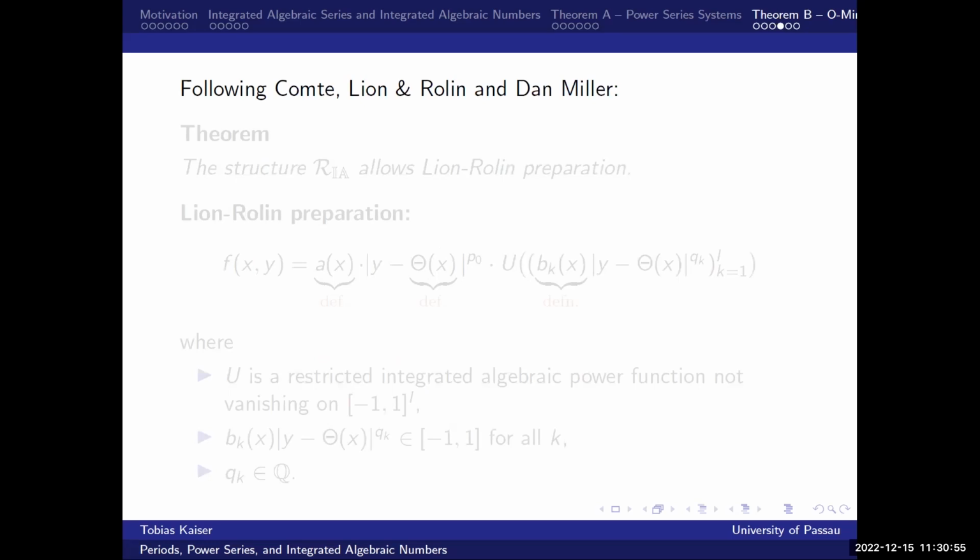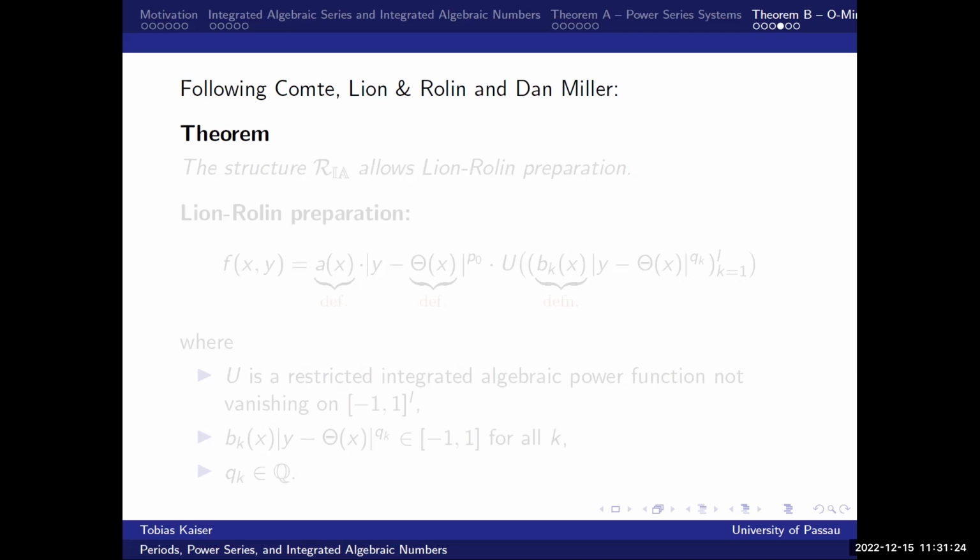But now, remember, we are thinking of periods, so integration is needed. And now more comes into the game. So, integration in o-minimality: the fundamental result is by Comte, Lion and Rolin, about understanding parametric integration of functions definable in R_an.